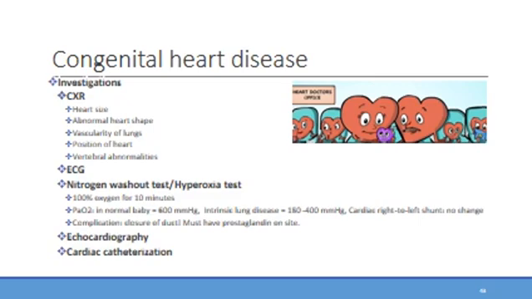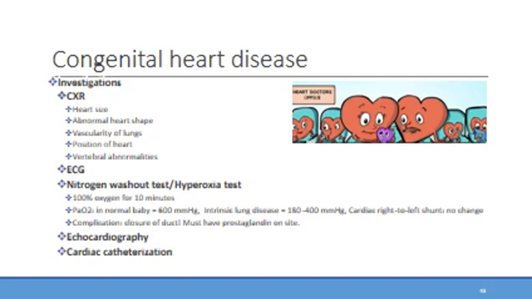If the PaO2 increases to 600 millimeters mercury, it means that it's a normal baby with normal lungs. If there's intrinsic lung disease, it will increase to 150 to 400 millimeters mercury. But then if there is a right to left shunt, in other words a cyanotic heart lesion, there should be no change in the PaO2 as the blood is diverted away from the lungs and therefore cannot pick up the 100% oxygen.